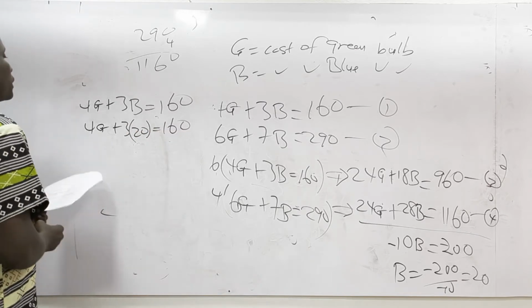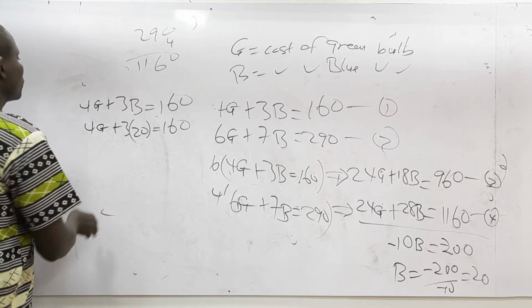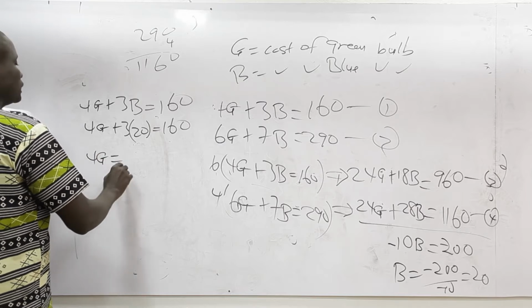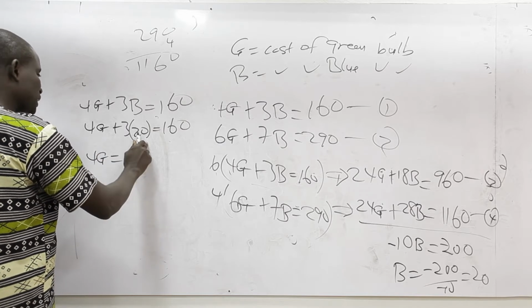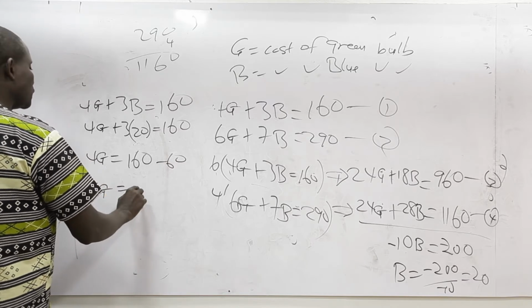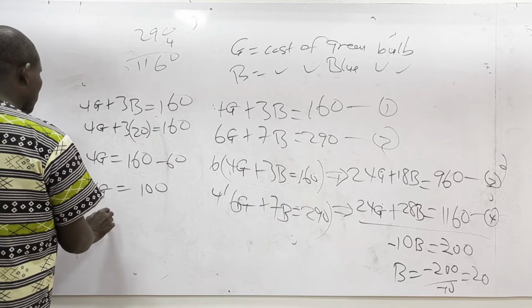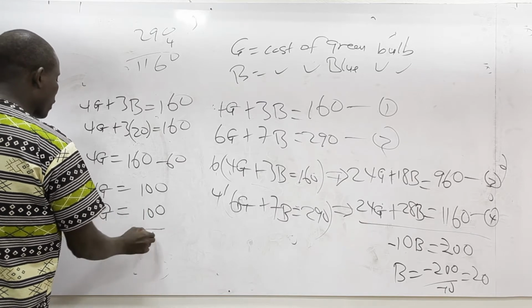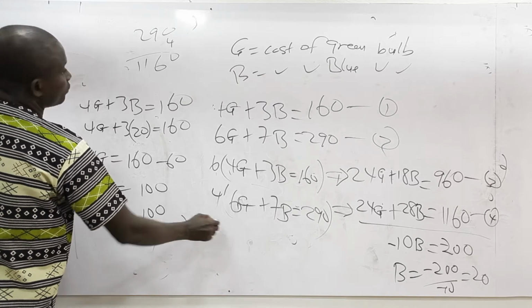So we have 4G is equal to 160 minus 60. So 4G is equal to 100, and then G is equal to 100 over 4. That will be 25.